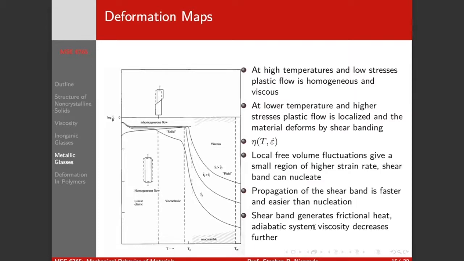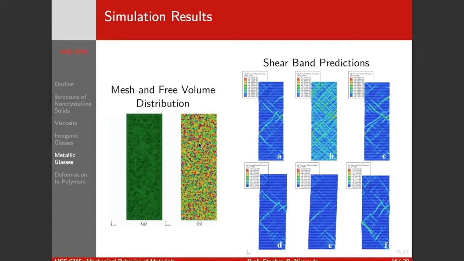So basically, in a metallic glass, once you start a shear band, it's just going to propagate all the way through, and you're going to fail locally right on it. And so that's why you have no real significant ductility in a homogeneous glass.